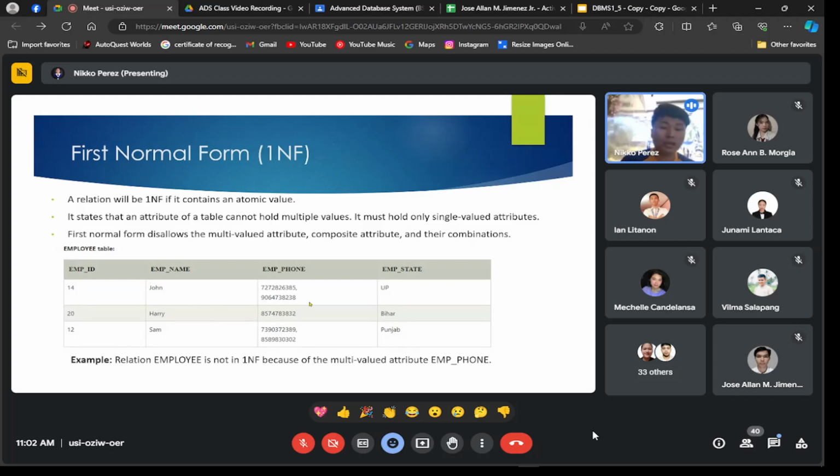Only Harry has one, no? So in order for us to fix this and make it pass the first normal form standard, all we have to do is make it atomic. We need the record to be atomic in value. So how are we going to do that?